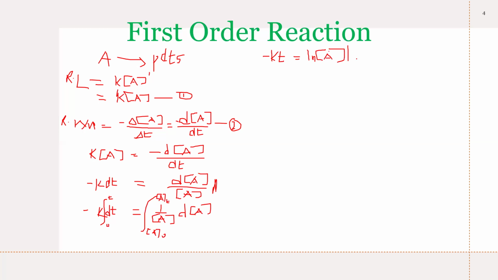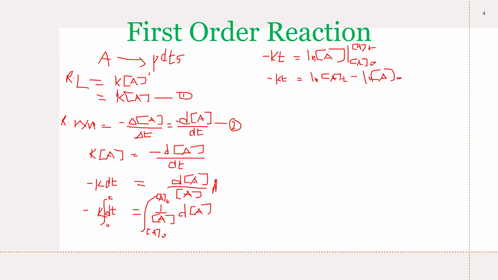Then we bring our integral, which is changing from A naught to A at a certain time t. Now we substitute into the equation, but we need to subtract the initial integral from the final integral. So we have ln of the concentration of A at t minus ln of the concentration of A naught.